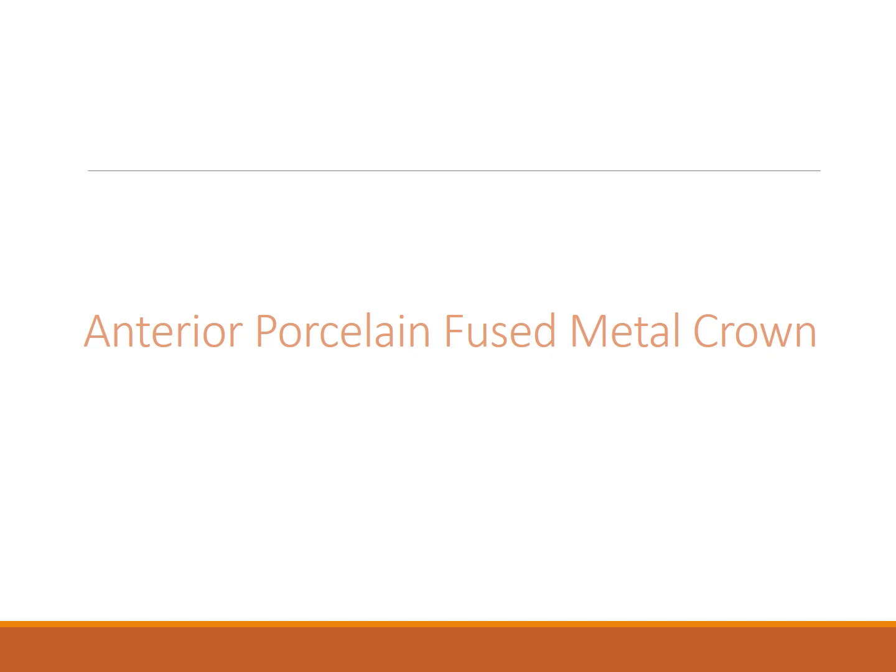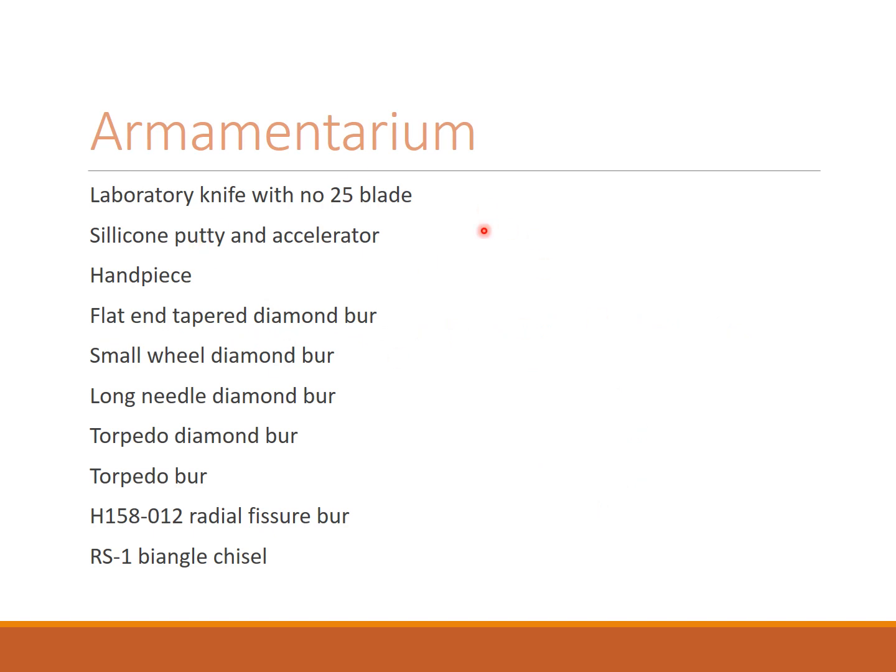Okay, now coming to the anterior porcelain fused crown. The armamentarium, or the materials to be used, are a lab knife with a number 25 blade, silicone putty, an accelerator, handpiece, flat and tapered diamond burr, small wheel diamond burr, long needle diamond burr, torpedo burr, radial fissure burr, and biangle chisel.